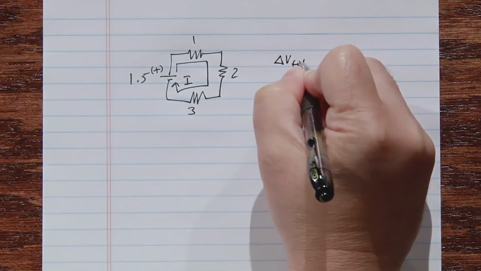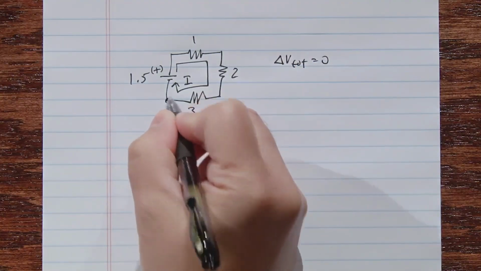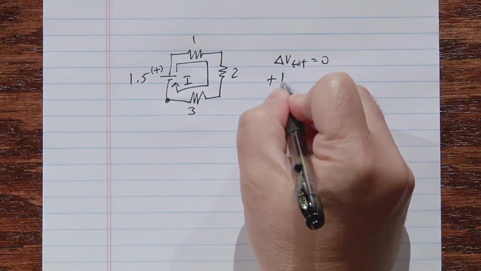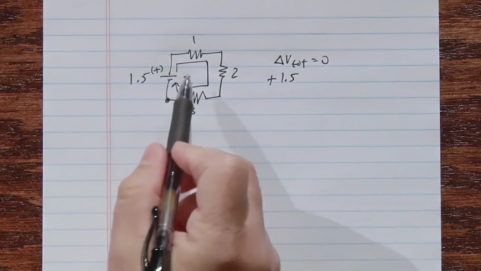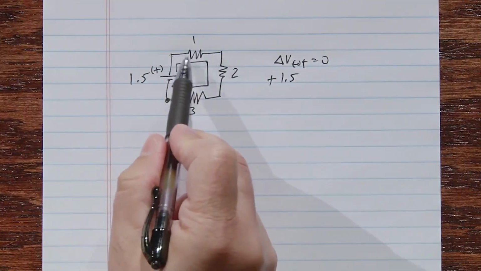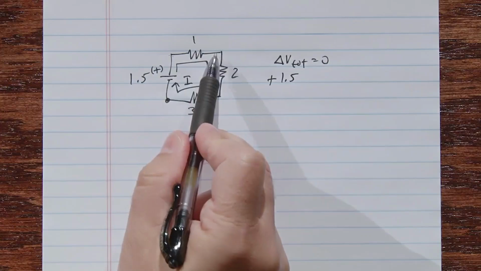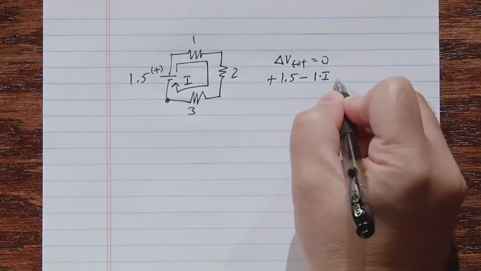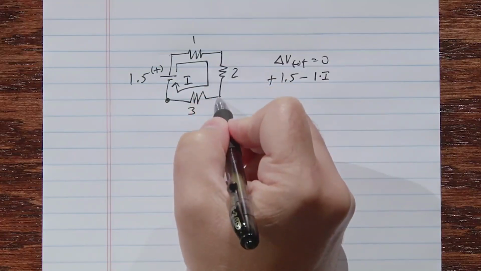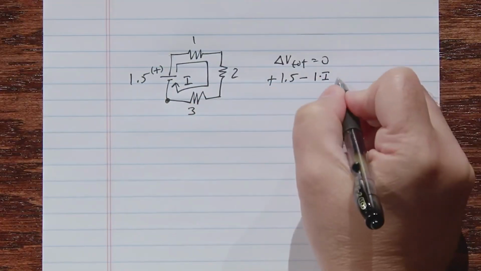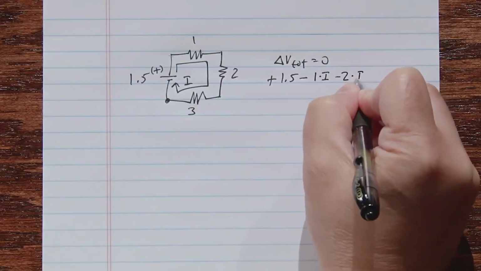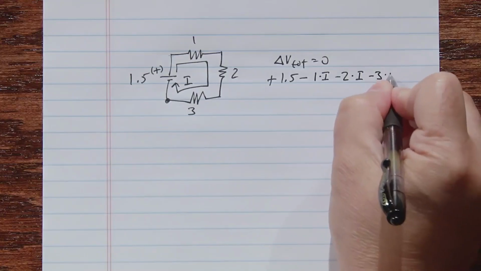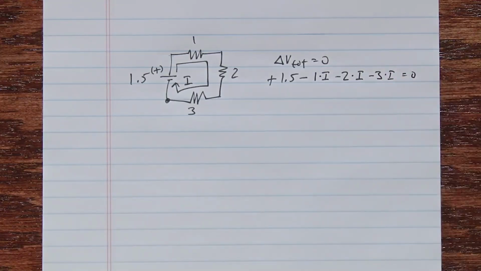Delta V total is equal to 0. If I start from this point, go across the battery, that would be plus 1.5. And then I'm going across this resistor, the 1 ohm resistor, with the current, so it would be minus 1 times I, and then minus 2 times I, and then minus 3 times I, and that is equal to 0.